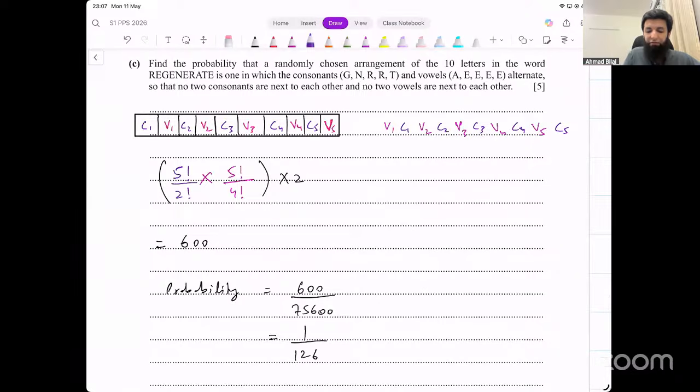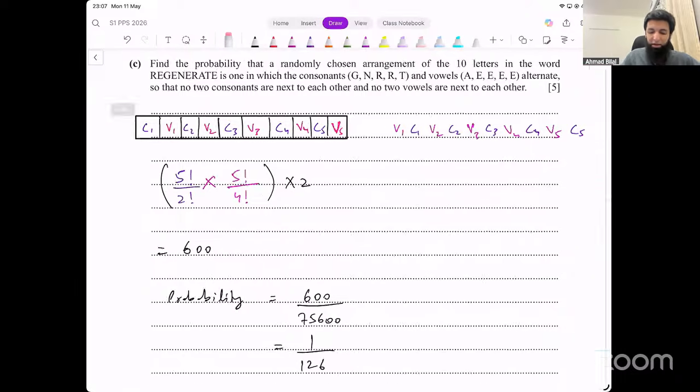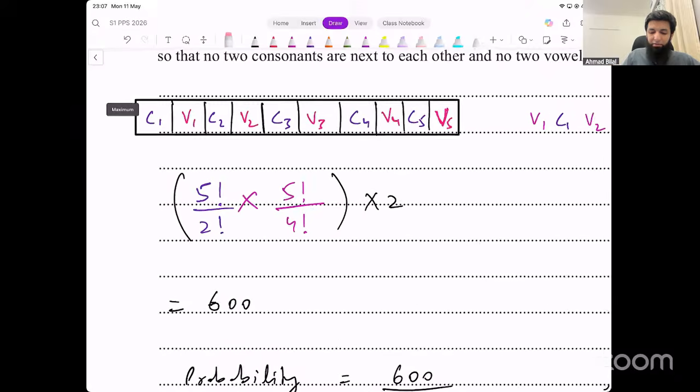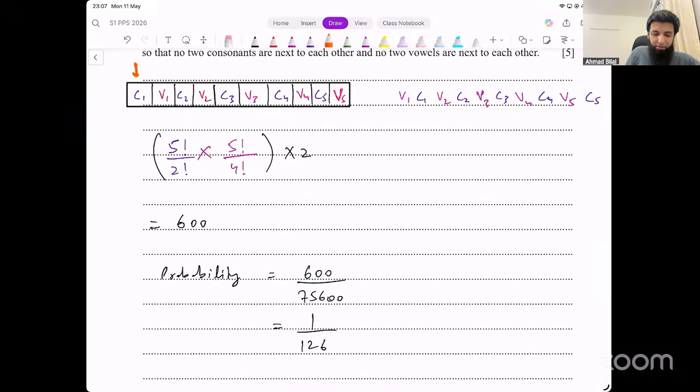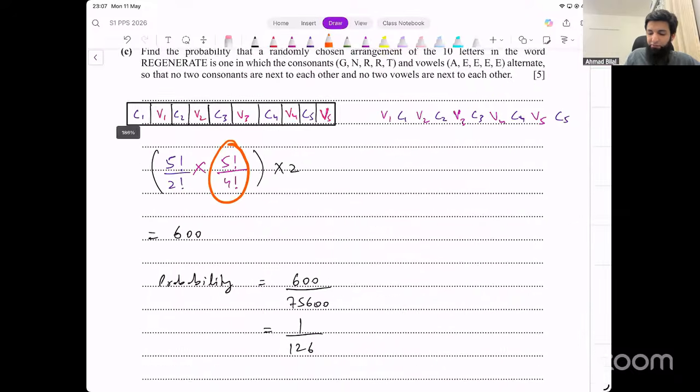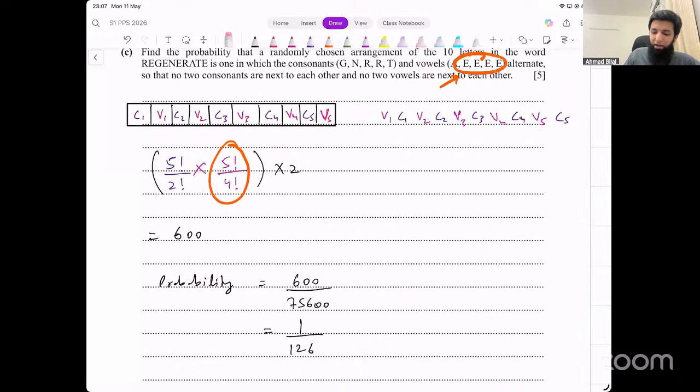We say, okay, we have 10 places like this. We can make boxes for them, dashes for them, doesn't matter. One possible arrangement could be that we start with a consonant and then we have a vowel and so on for the rest of the boxes. And we could say now the consonants can be arranged in 5 factorial over 2 factorial ways, and then the vowels in 5 factorial over 4 factorial ways because four of them were identical.